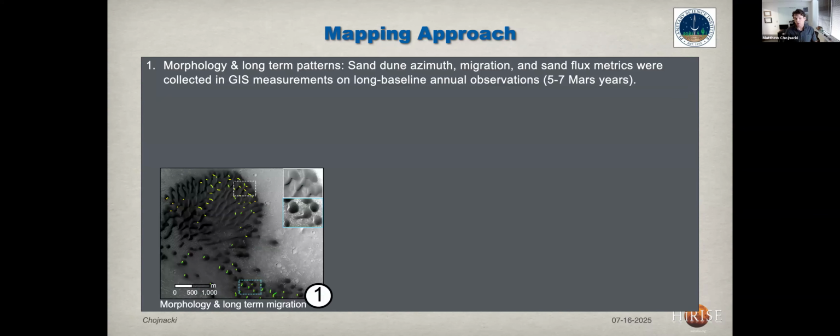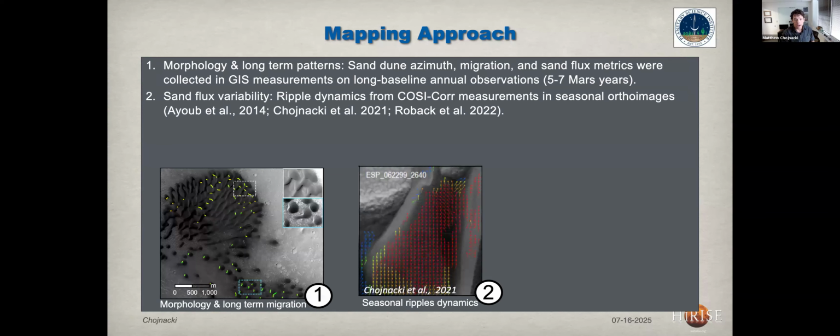So for morphology and long-term patterns, we wanted to look at sand dune azimuths, migration, and sand flux metrics collected in GIS measurements on long baseline annual observations. So 5 to 7 Mars years in all these cases.